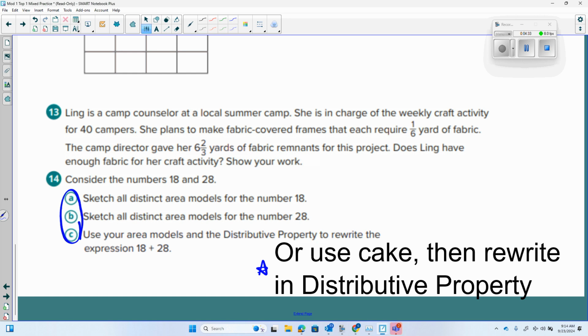Here's the center table. Any questions on what we're doing? Okay, so we're going to be able to go over all 14 questions before you go. We're not going to be able to do the whole period.